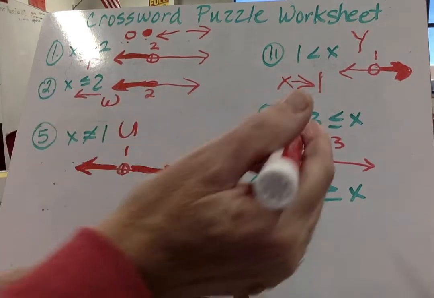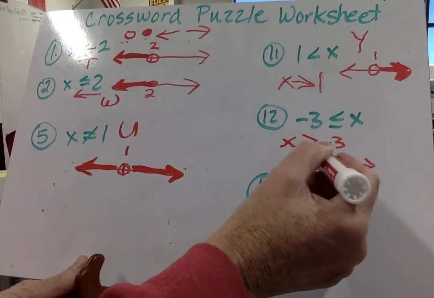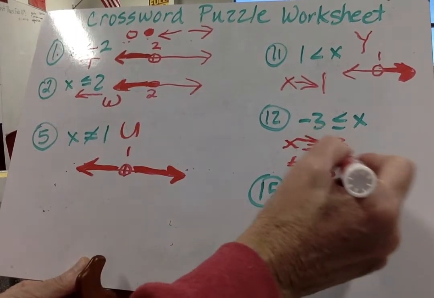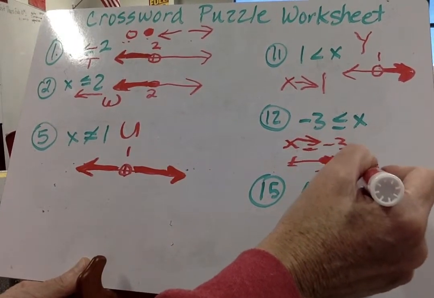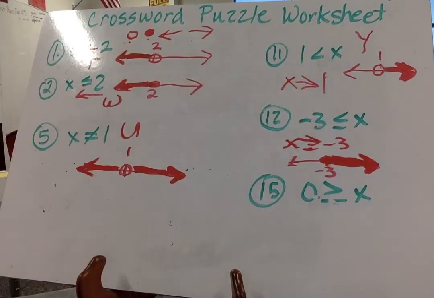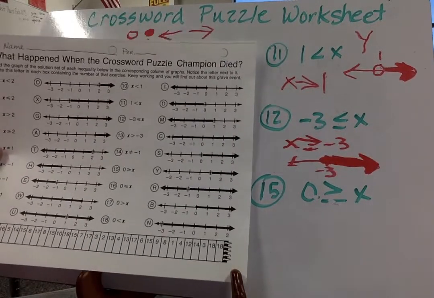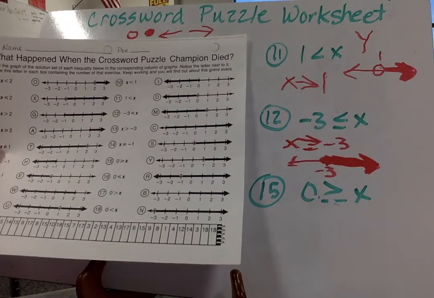So more ink here means more ink here, and it's pointing to the right, so we shade to the right. Then we look at this and ask, which one is shaded like that?